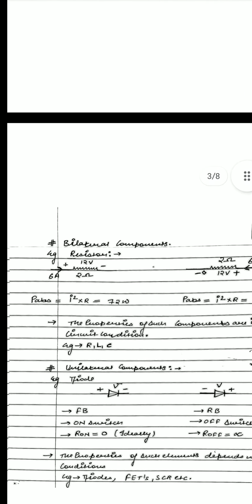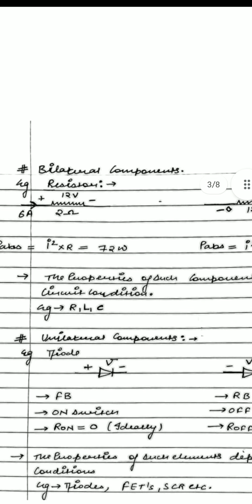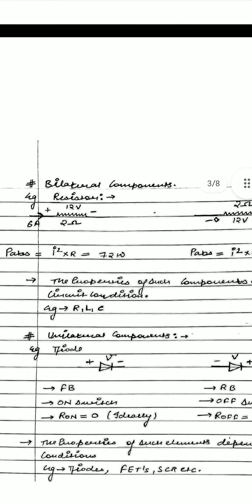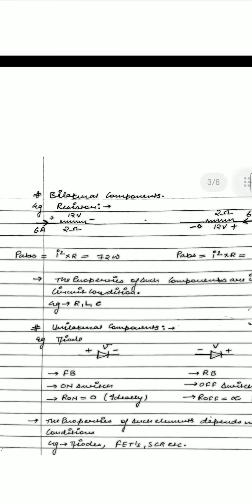Now the second part which I want to discuss in the basics of electrical circuits is bilateral component and unilateral component. As you can see from this diagram, there is a 2 ohm resistor. For a resistor, inductor, capacitor or any sink devices, the basic notation is, if the current is entering the terminal, then that terminal is considered positive.